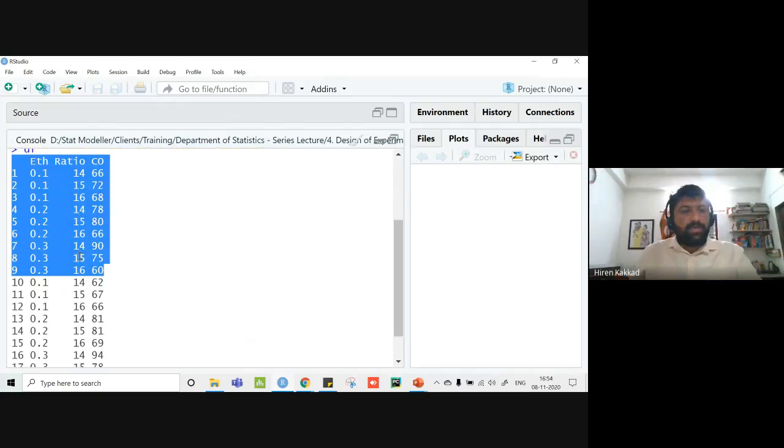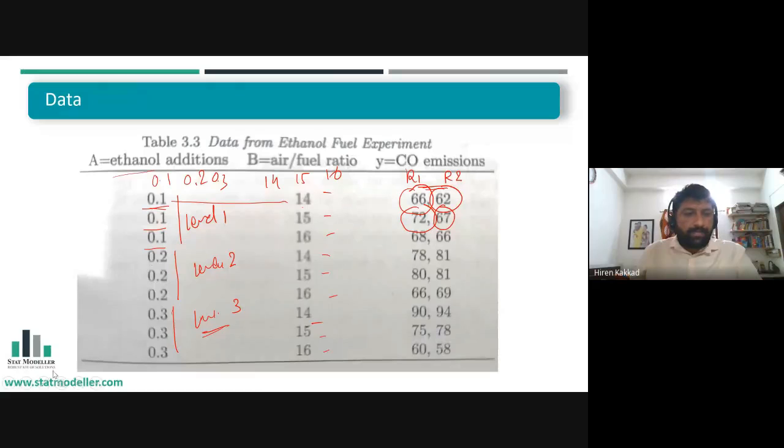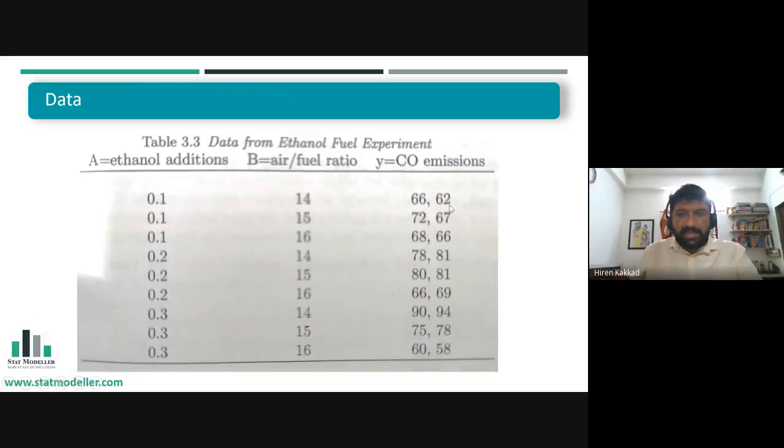Now you can observe that from here again it starts with 0.1 and 14. Here also it is 0.1 and 14. So first we have got 66, and here it is 62. Then this is 72, and this 67. Let us just verify this here: 66, 62, 72, 67.